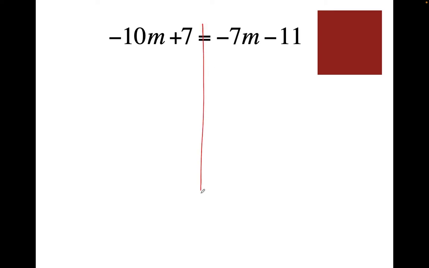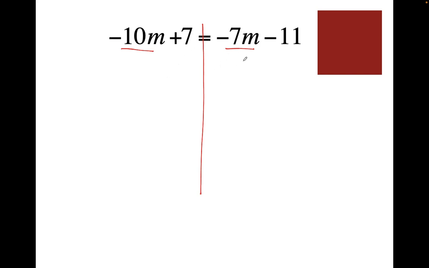And for our final example, we have negative 10m plus 7 equals negative 7m minus 11. In this case, we need to be able to completely cross out either the negative 10m or the negative 7m. And to do that, we're going to have to add one of them to both sides.